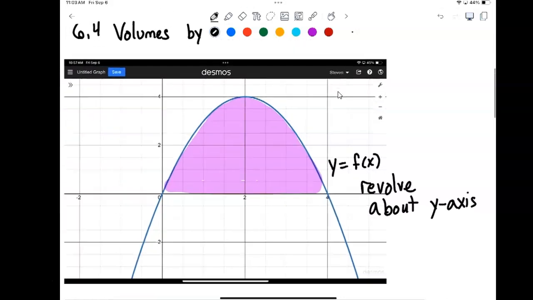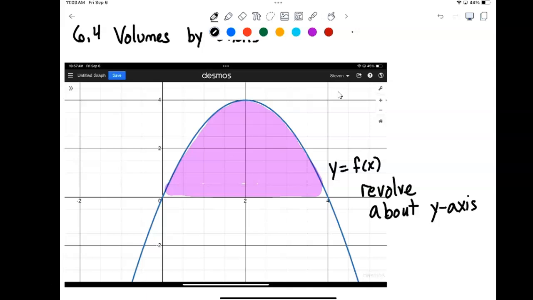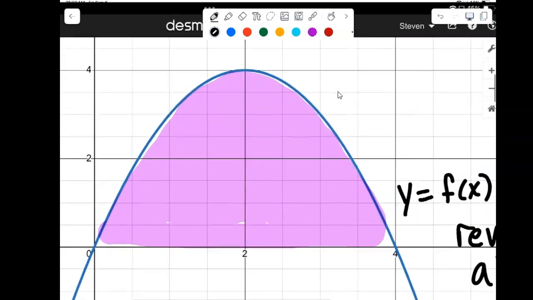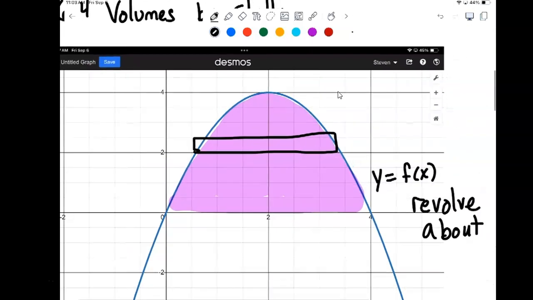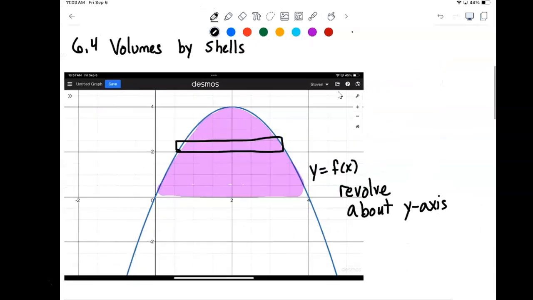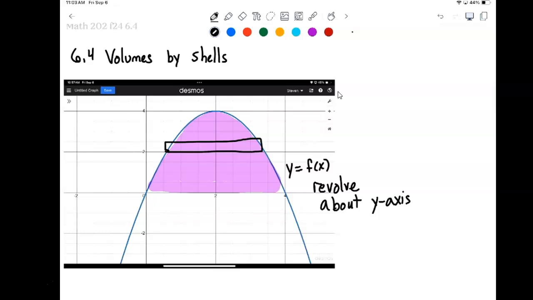Well, then our approach that we've used with washers and discs would require us to take this shape here. And the problem is, as a function of y, we'd actually have to look at the two parts of the actual graph itself. Now this is a quadratic, so we could do that problem.